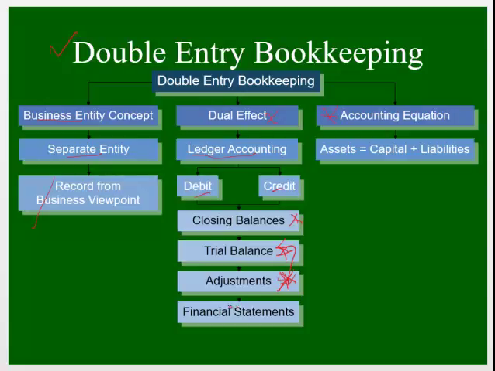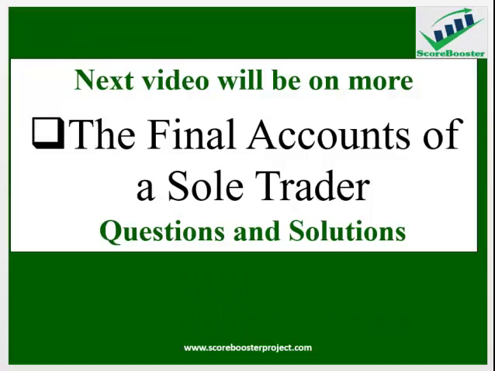Going forward, we shall now be considering the concept of financial statement, what we call final account. And to start with, we will start with the simplest form of business organization, that is sole proprietorship, in our next video.